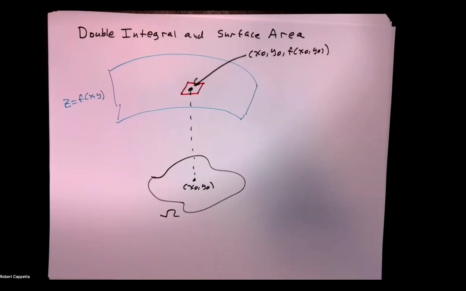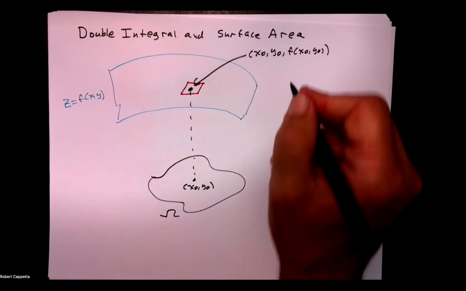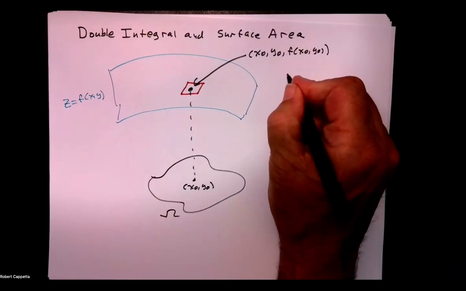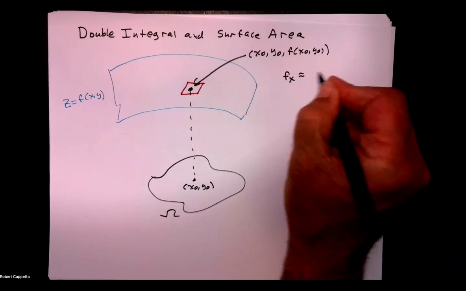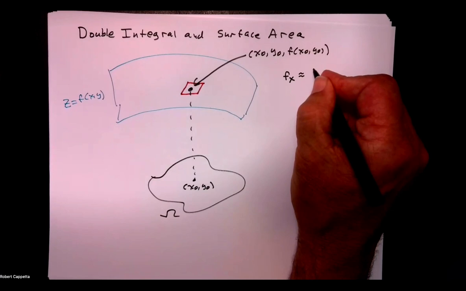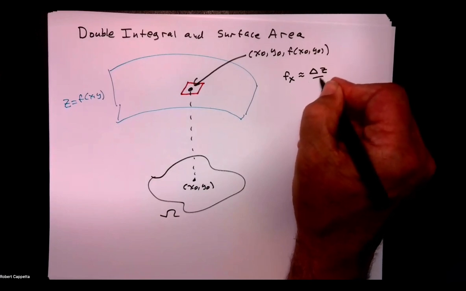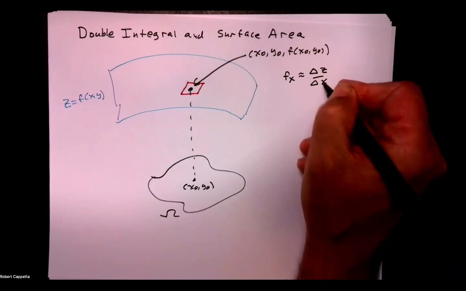So what's my analysis here? Well, let's talk about the partial derivative of f with respect to x. The partial derivative of f with respect to x is approximately the change in z over the change in x, for small changes in x.